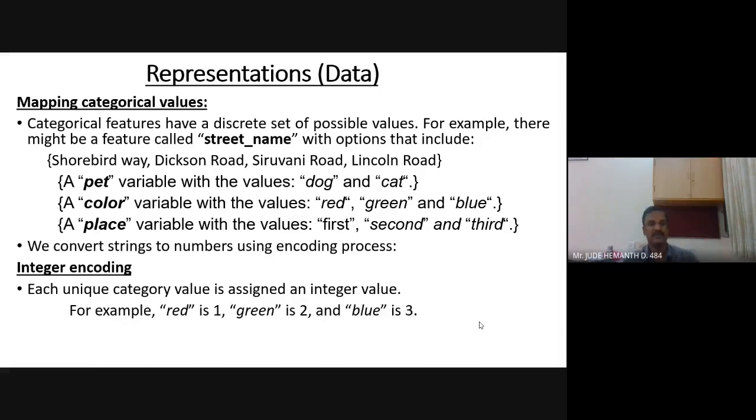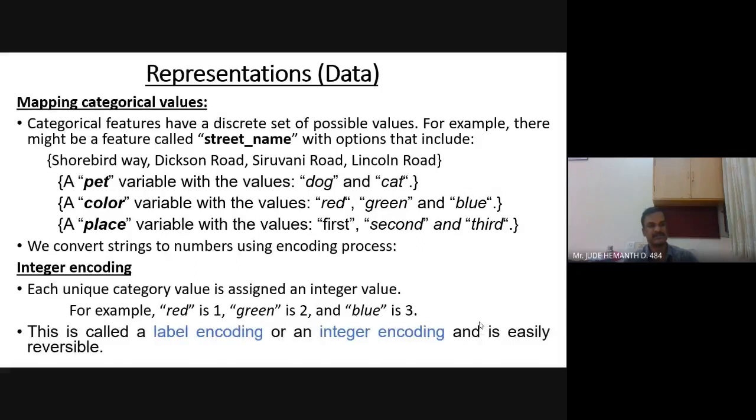For example, red is 1, green is 2, and blue is 3. This procedure of encoding is called label encoding or integer encoding, and it is easily reversible. When I give 1, we can post process and tell that it is red or green or blue.